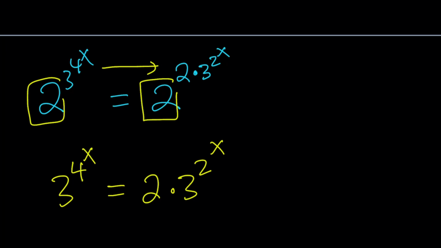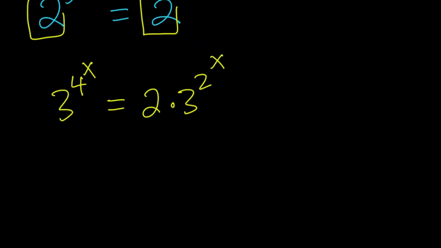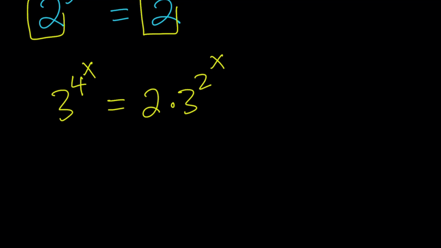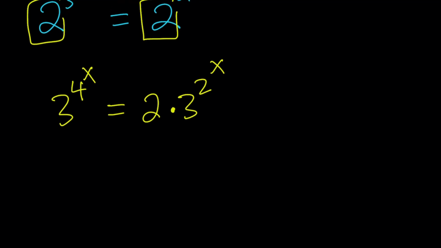Now, exponential equations come in different flavors, and sometimes they can be quite complicated. In this case, we're looking at the right-hand side, and 2 and 3 are different bases. So I can't really multiply them, right? There's no way to combine that product into a single exponential number.